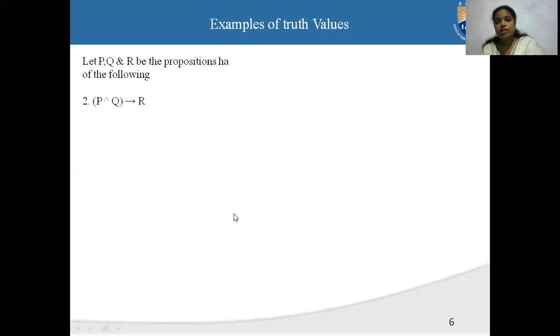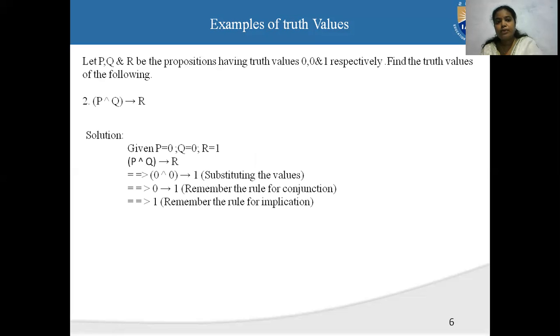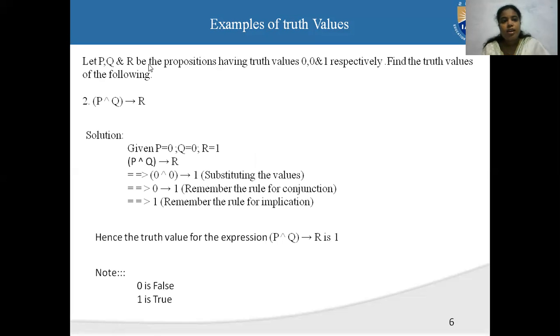Again, take one more example. Here you observe P and Q implies or. You put 0 and 0. So 0 and 0: what is the and rule? True follows true, then it is true, otherwise false. Here it is 0 because it does not satisfy the and rule, so it is false. False follows true here. So you have to remember the conditional statement.